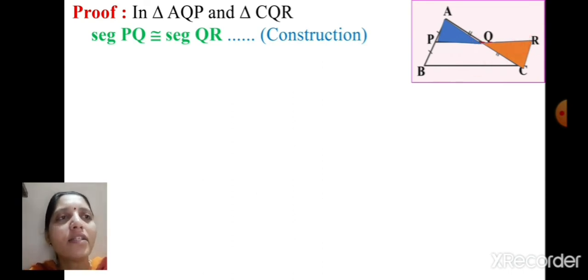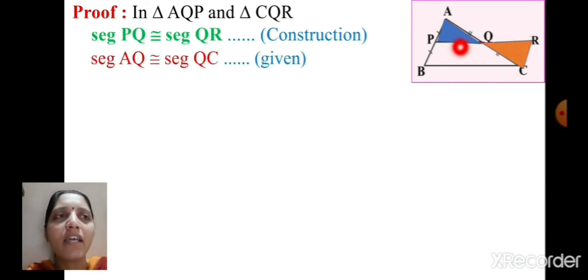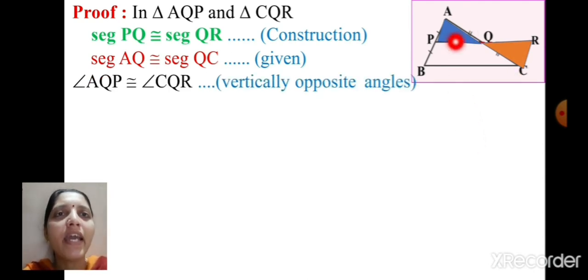Similarly, you can write here seg AQ is congruent to seg QC because Q is the midpoint of seg AC. Yes. So therefore, angle AQP is congruent to angle CQR. These two angles are congruent because they are vertically opposite angles.